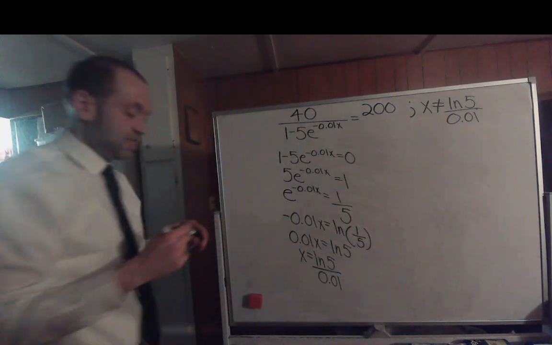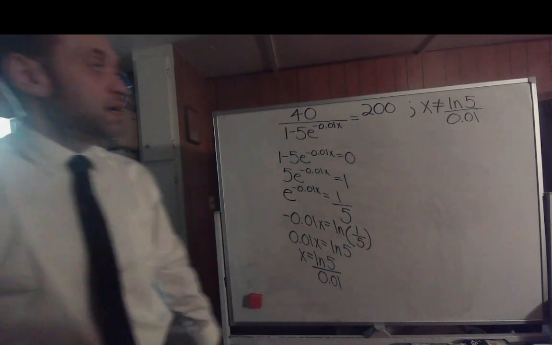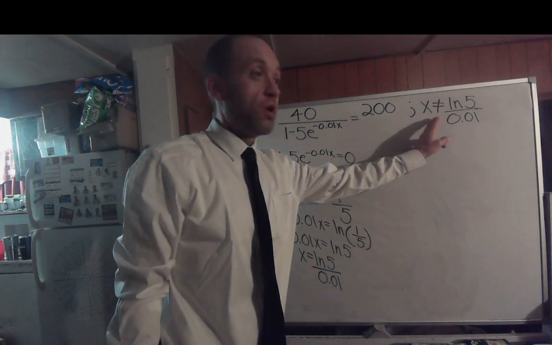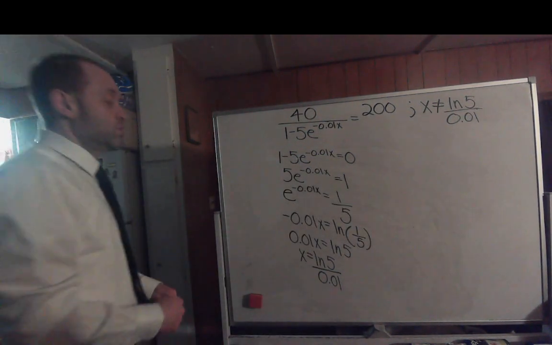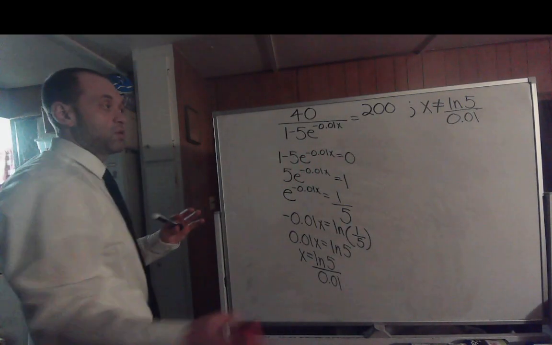So we want to specify that x cannot equal the natural log of 5 divided by 0.01. So you see how I got that extraneous solution. If we get that for an answer, we're not going to have a solution. So x cannot equal this, otherwise your denominator becomes 0.